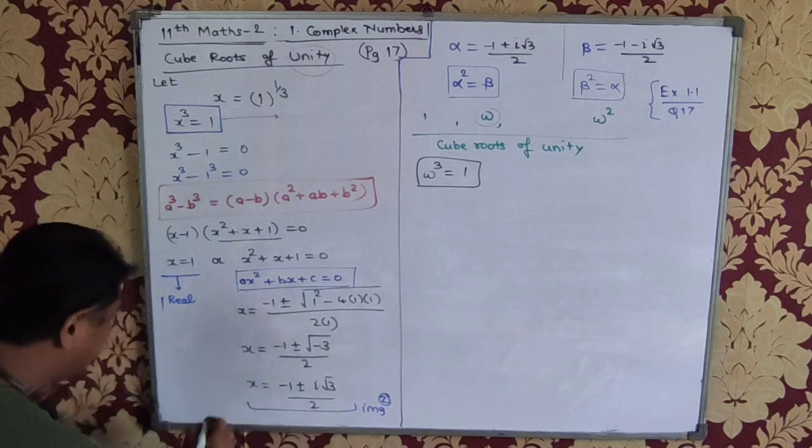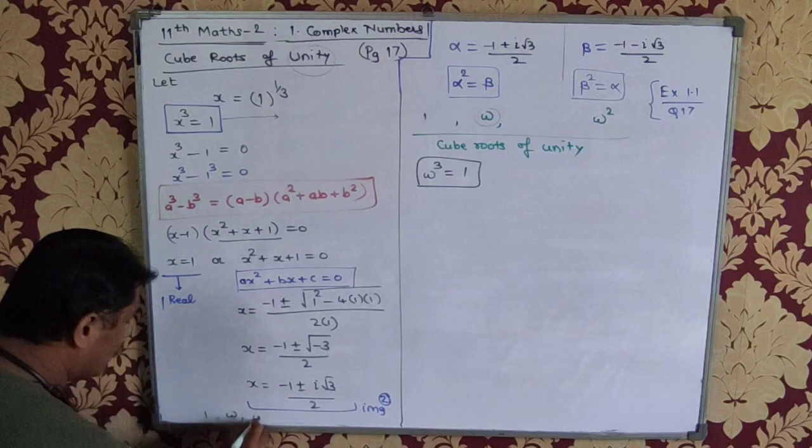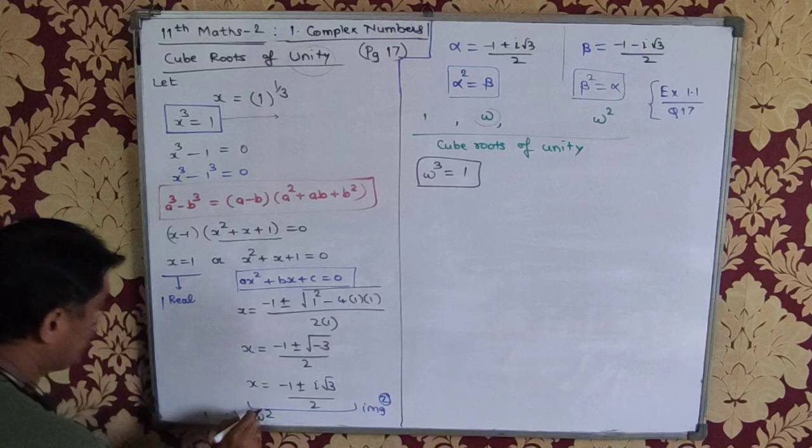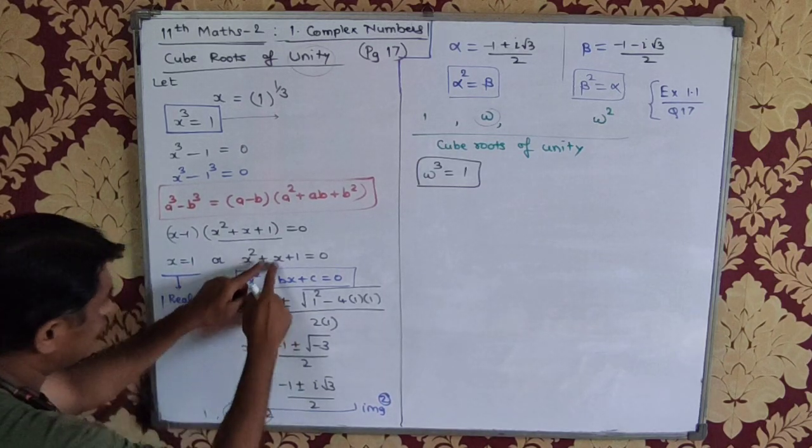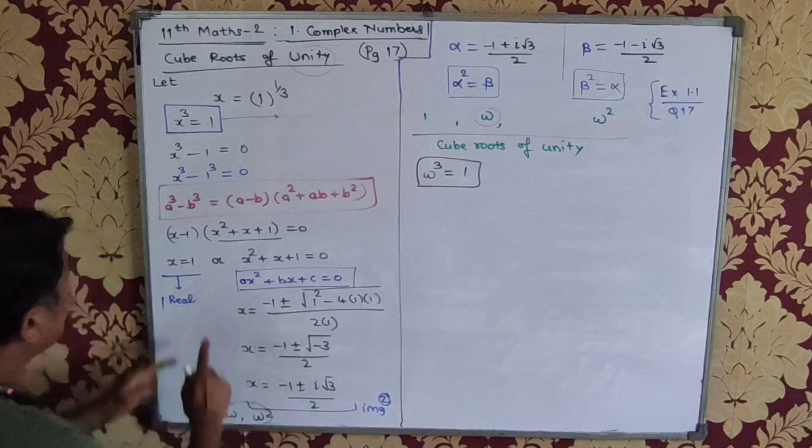All three, I need three answers, 1, omega and omega square. One has come from here, and omega and omega square have come from here. So omega and omega square will satisfy this equation, and all three will satisfy the main equation.